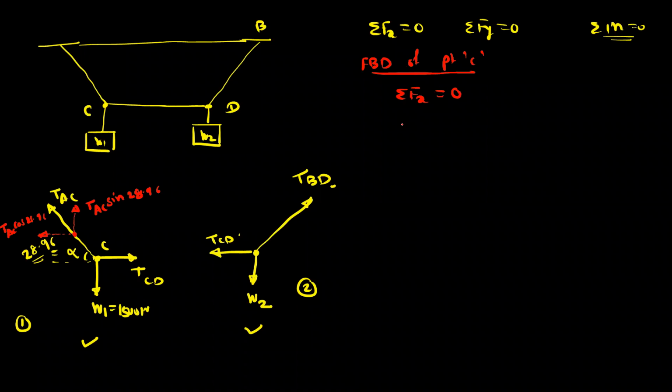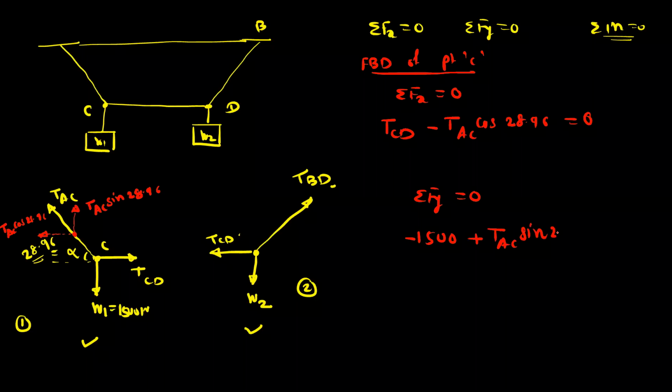So for summation Fx equal to 0, tension CD in the positive x direction minus tension AC cos 28.96 is equal to 0. Then use summation Fy equal to 0: minus W1, that is minus 1500 Newton, plus tension AC sine 28.96 is equal to 0. You can solve this to get the value of tension AC.